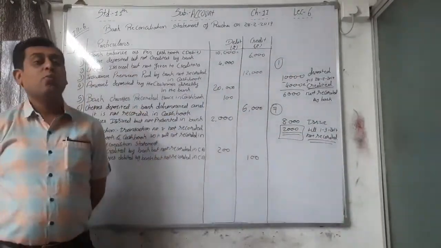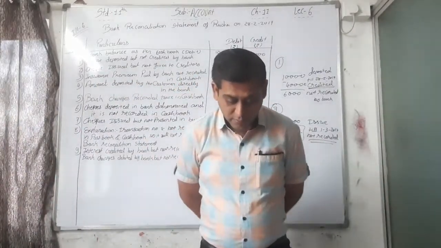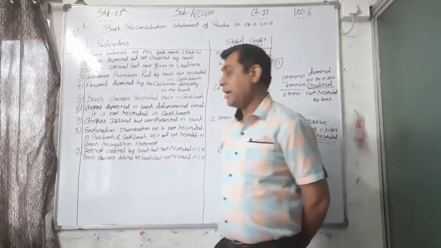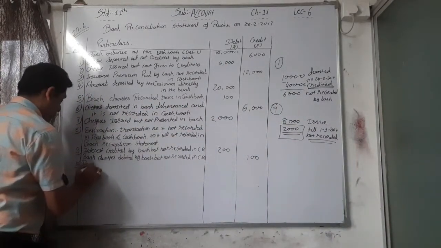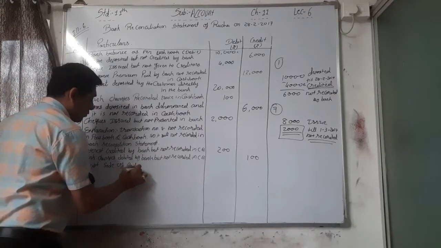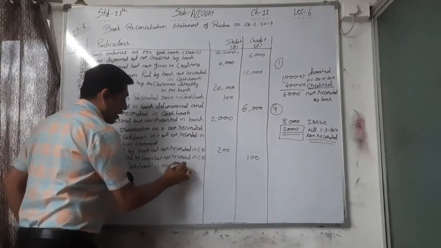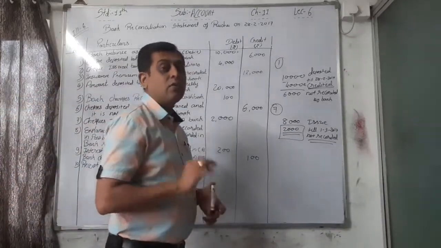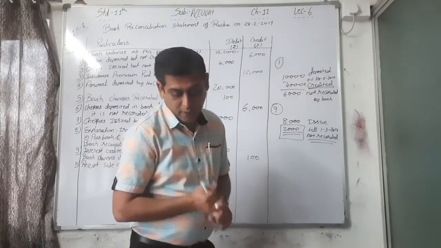So debit side, opposite side is credit. Overcast, receipt, that is debit side, overcast, that is opposite side. We have to write down on the opposite side, that is credit side, amount is 4,000.